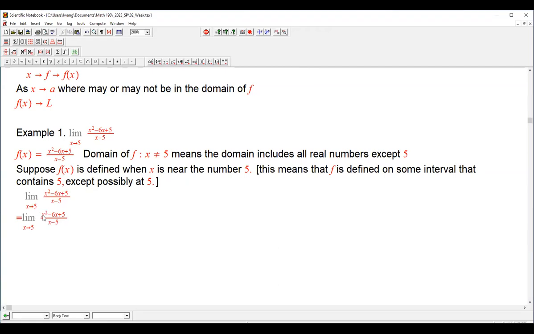It turned out we can factor the numerator into X minus 5 times X minus 1. Because X minus 5 is not 0, we can apply mathematical principle number 1. X minus 5 will be reduced, so as a result, we will just have X minus 1.